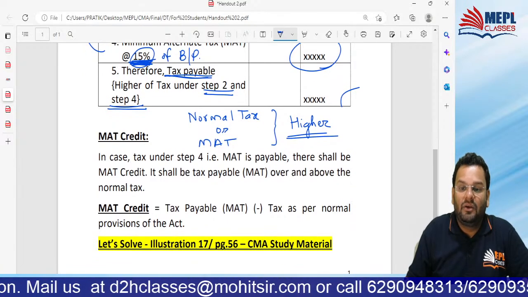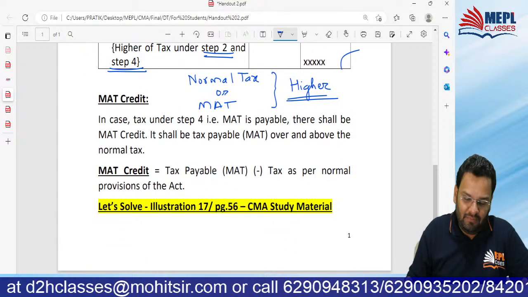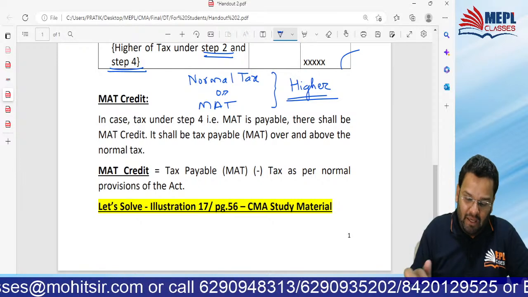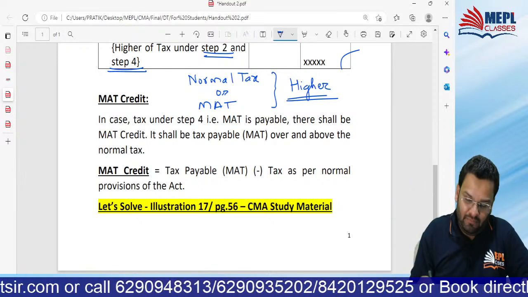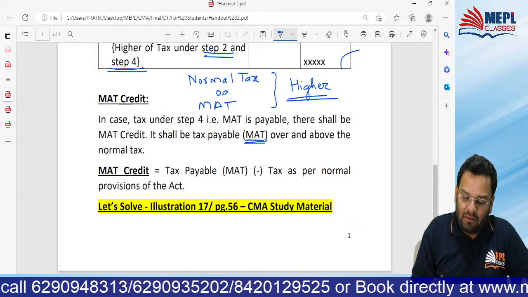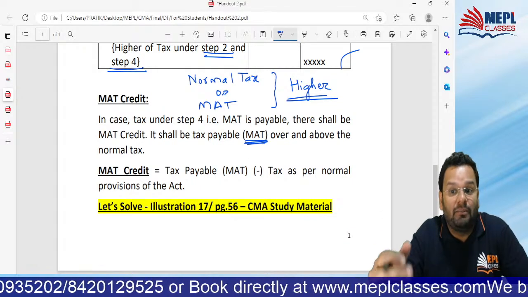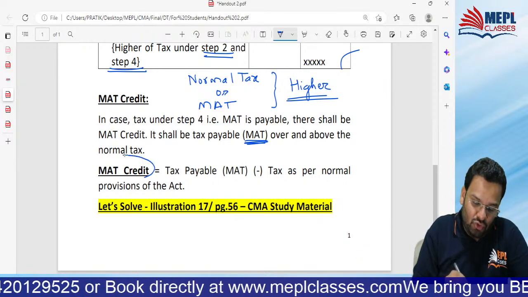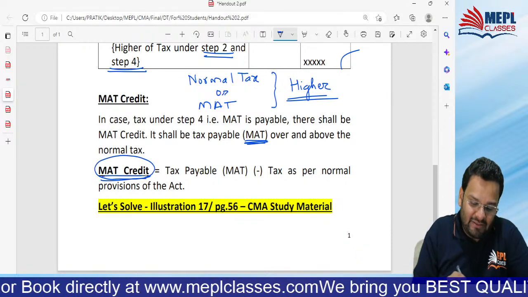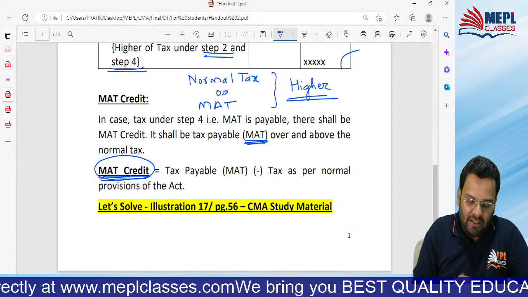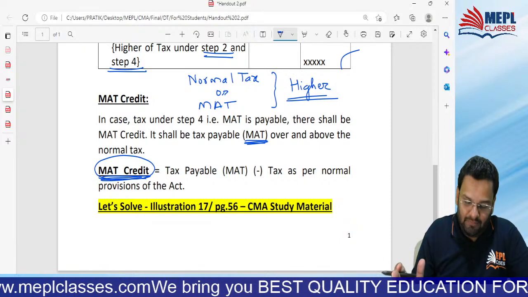Going ahead, if you pay MAT, that means you have paid extra tax over and above normal tax. That is called MAT credit.